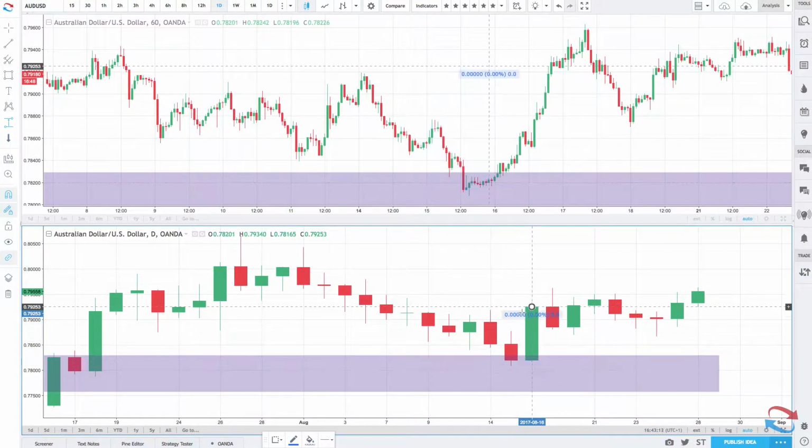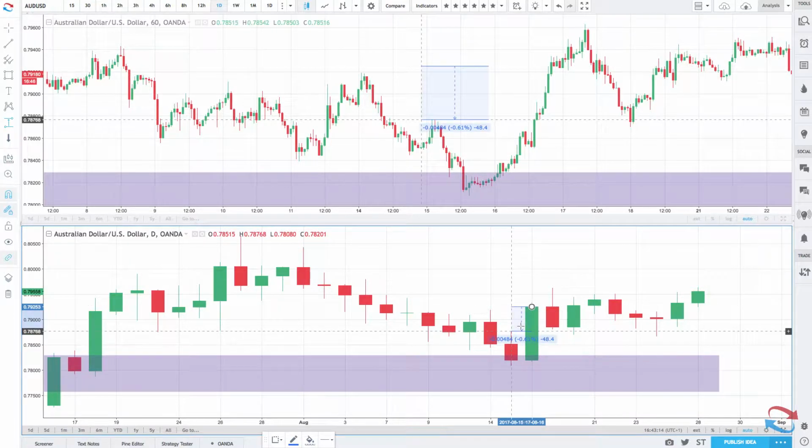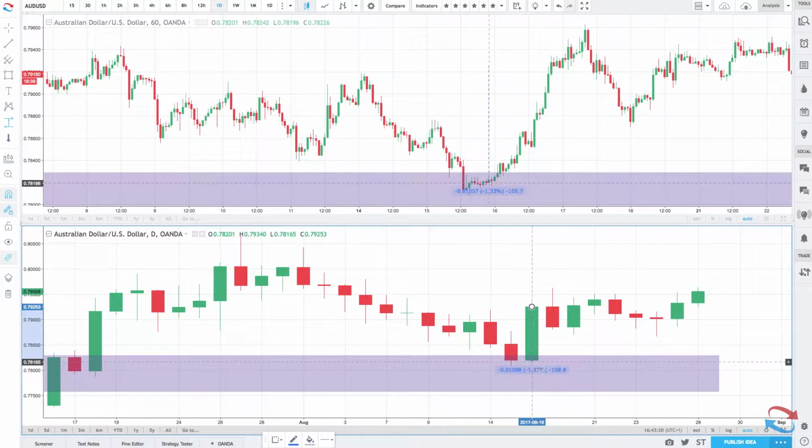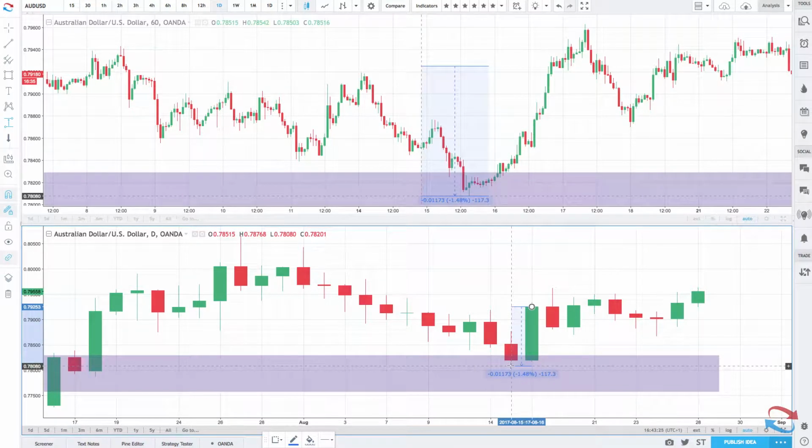But if traders are trading the daily time frame chart, they'd have to risk at least 117 if they put their stop loss right under the second candle or the first candle in the sequence. Then it'd be about 120 pips.